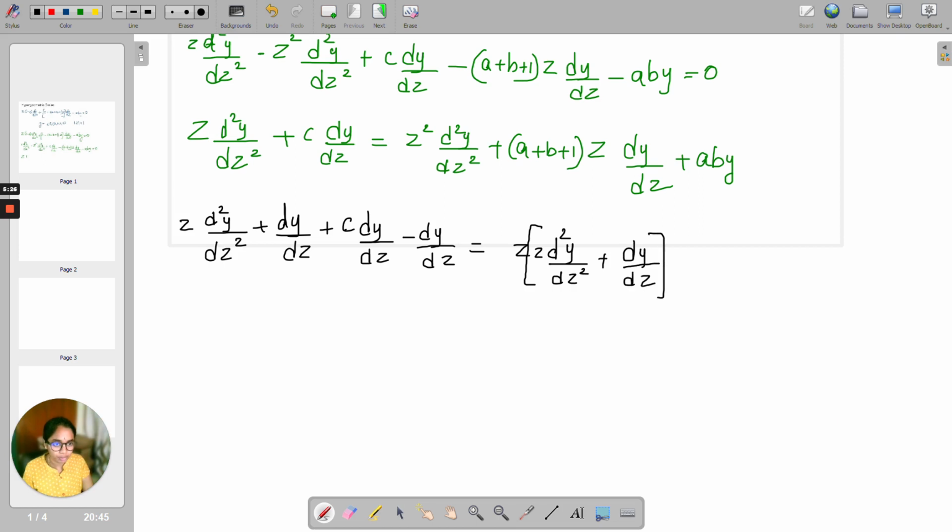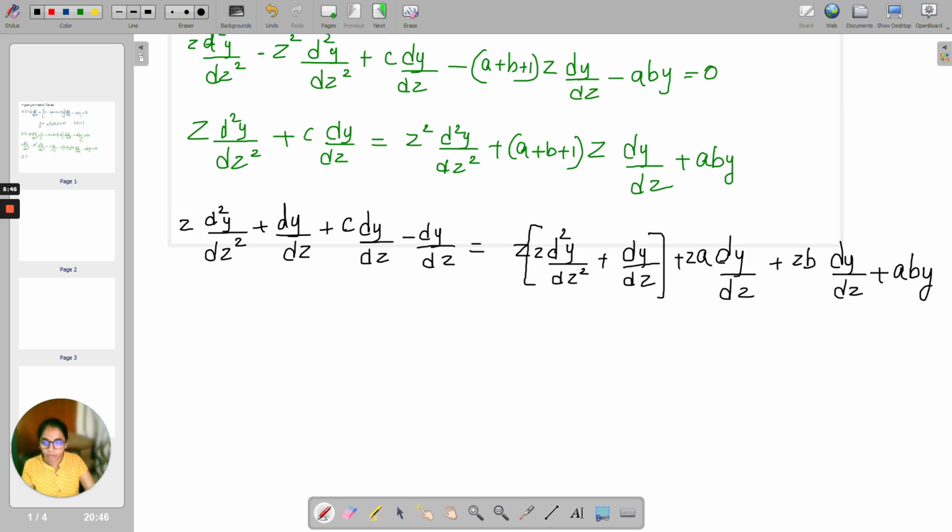Let me write a dy by dz, there is a z here, let me write that as it is, z into b dy by dz, plus a b into y.